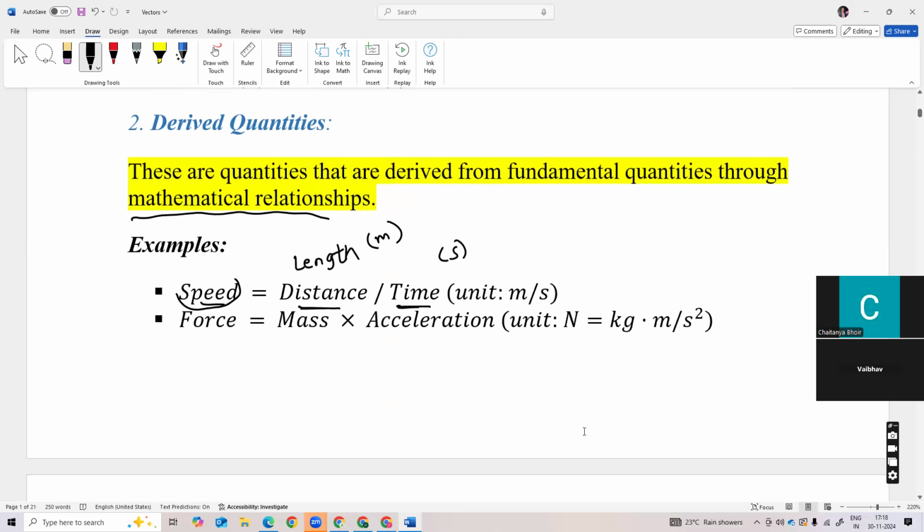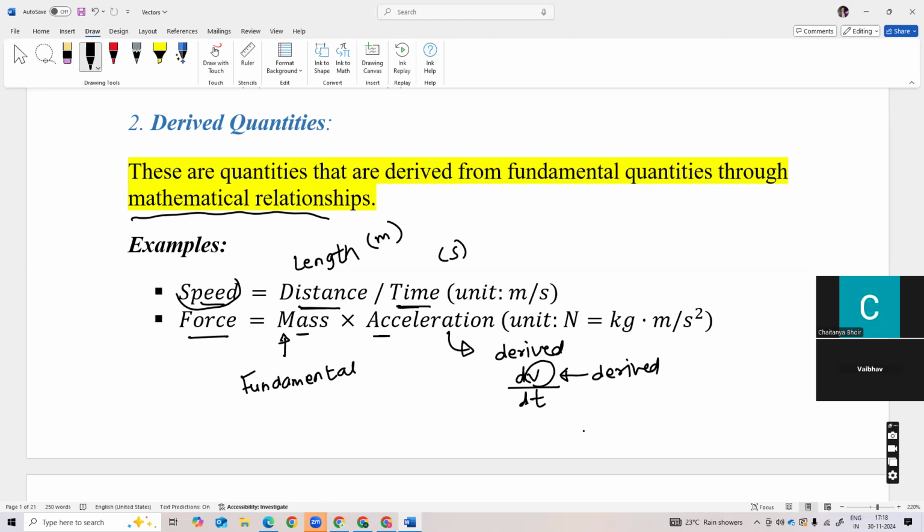So this is the difference between fundamental and derived quantities. Here we have one more example, which is force. Force is also a derived quantity because it is mass multiplied by acceleration. Here mass is a fundamental quantity, whereas acceleration is again a derived quantity. What is acceleration? Acceleration is the rate of change of velocity, and velocity is again a derived quantity.